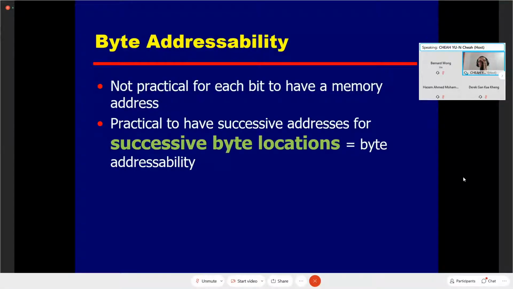For example, if your word has 16 bits or 32 bits, why do you want to access only that one bit? There's no point.